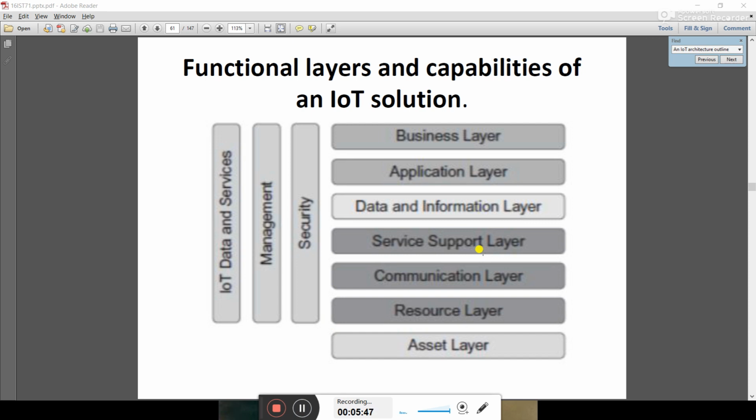Whenever we have a wide variety of applications, the main concern is that we need to describe the business layer and the application layer, because the business layer becomes totally different depending on the application.